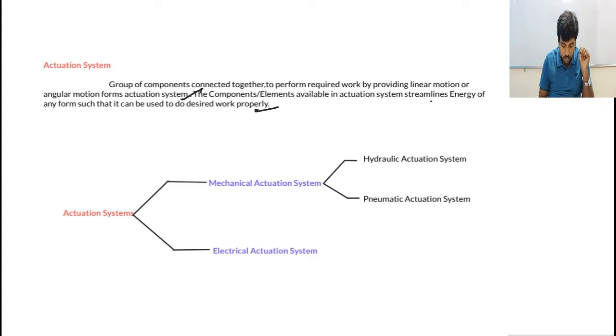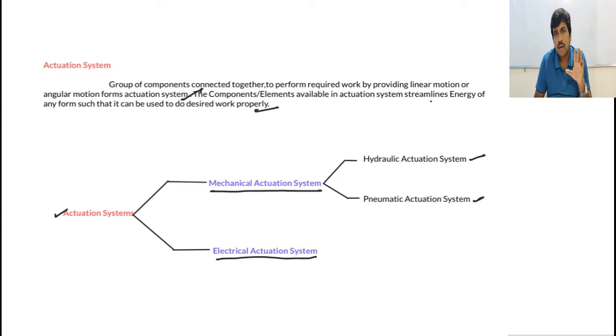Now, actuation systems are classified into two types. The very first is the mechanical actuation system and the second is the electrical actuation system. Mechanical actuation systems are again classified into two types: the hydraulic actuation system and the pneumatic actuation system. It's very simple to understand.